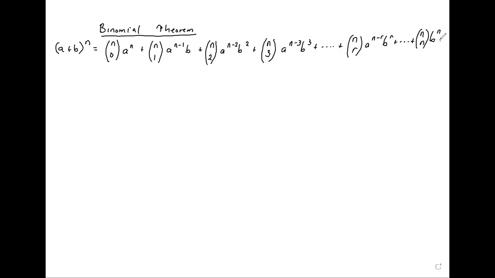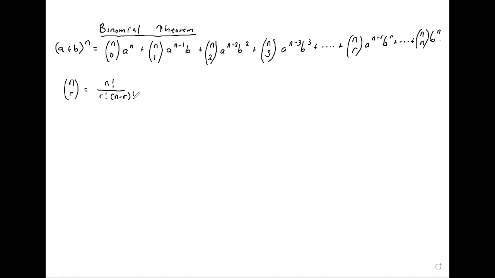It is when you're able to calculate, as agreed, the definition of n choose r, which is n factorial over r factorial, n minus r factorial.